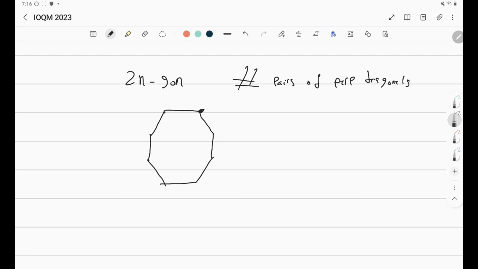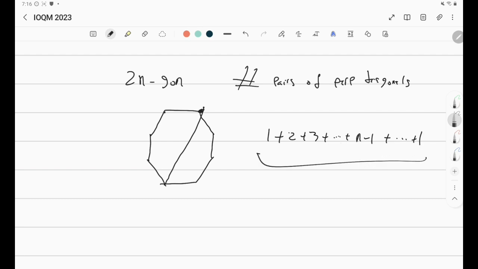So from a single point we're going to get something like this: 1 plus 2 plus 3 and so on. You can see when we have the same amount here and here, it's going to be n minus 1. Remember, here we're taking a 2n-gon, so it's going to be n minus 1, and now we descend: n minus 2 and so on till we hit 1.